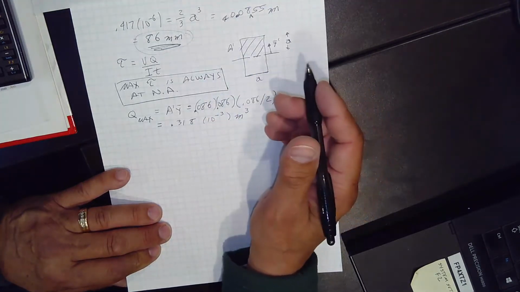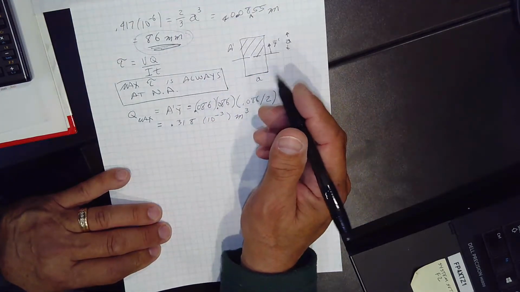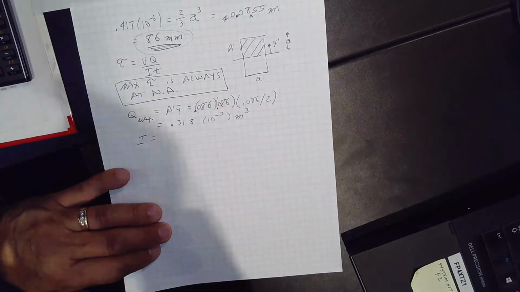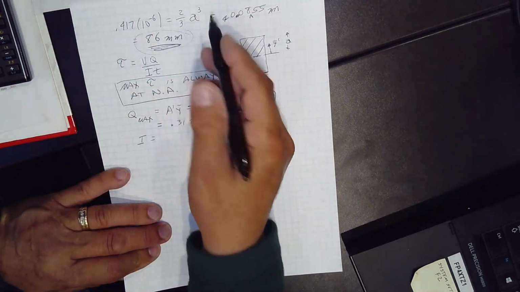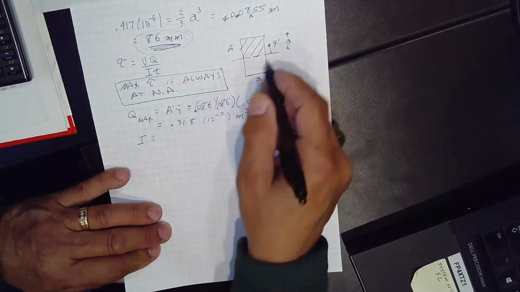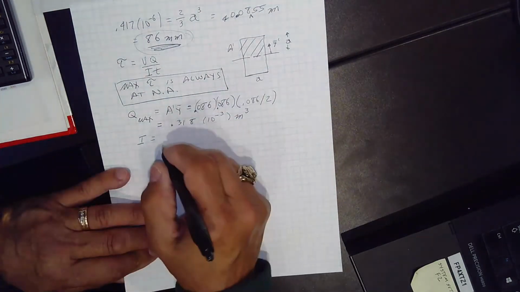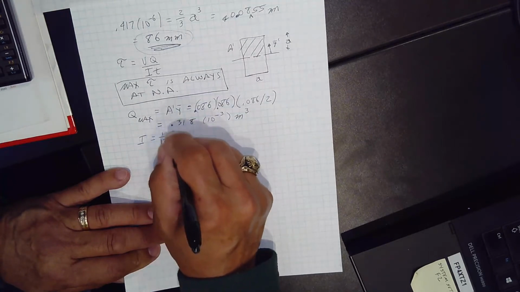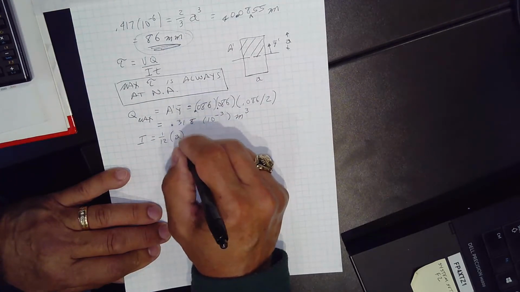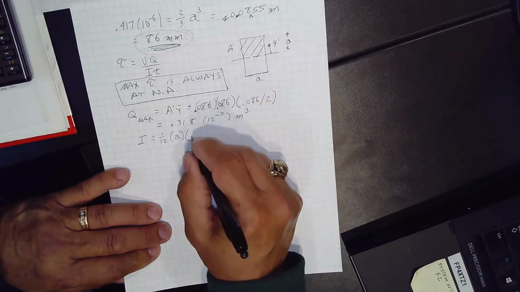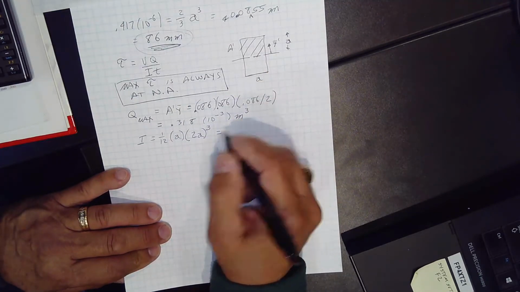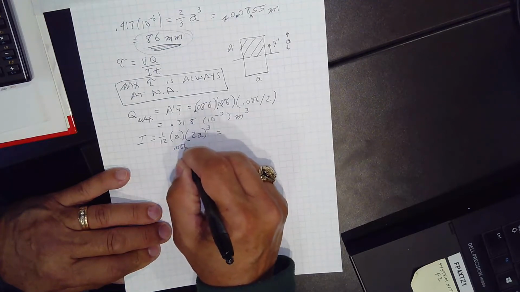Did we calculate I? No, we didn't calculate I, so we'll have to calculate I. I, however, we didn't actually run it, but it's 1/6. No, it's 1/12 the base, which is A, times the height, which is 2A, cubed. And we said A was 0.086, right?